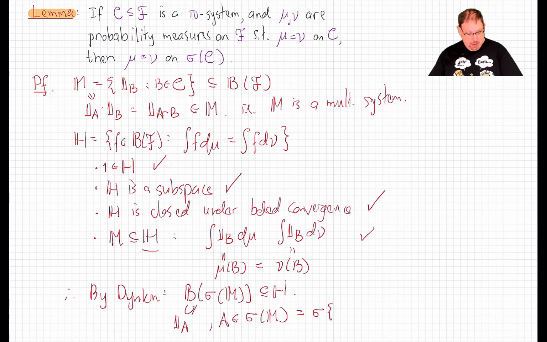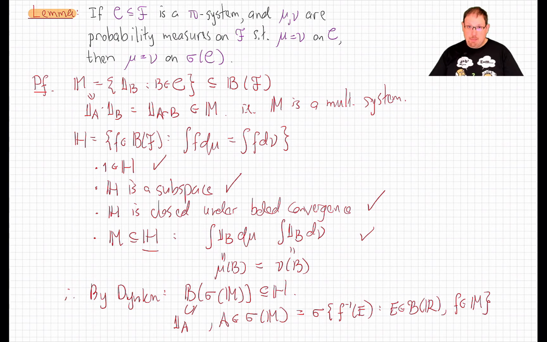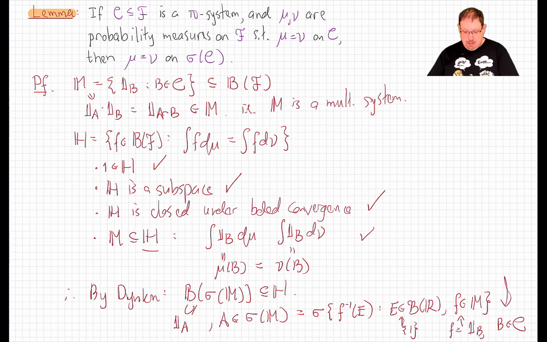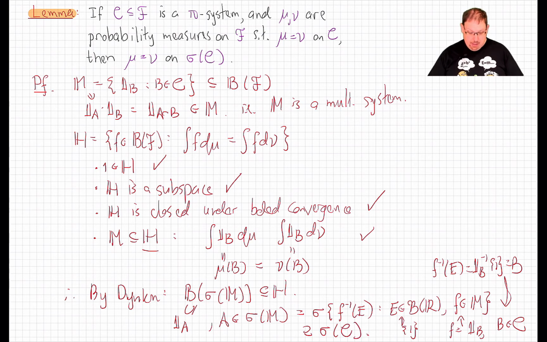That's the sigma field generated by all events of the form the preimage of F on E, where E is any Borel set over the reals, and F is any function in M. In particular, if we take that function to be the indicator of B for any B in the class C, and if we take E to be the singleton 1, then F inverse of E is indicator of B preimage of 1, which is B. And so this contains the sigma field generated by all events B that are in C.